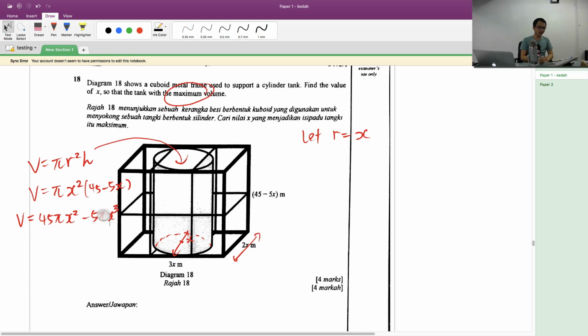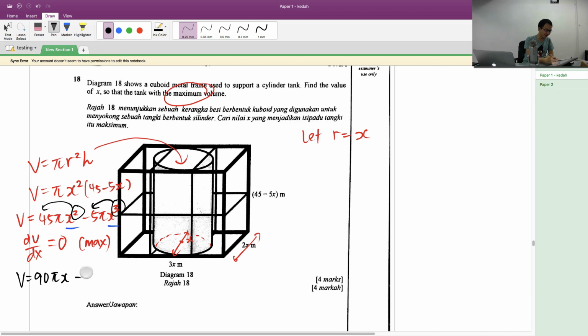Whether maximum or minimum, I will differentiate and make it equal to 0. So I will say dV/dx equals 0 because of maximum. Pi is just a number, so ignore it and focus on x. I move the 2 in front, becoming 90 pi x, and I move the 3 in front, multiplying with negative 5 to get negative 15 pi x squared.